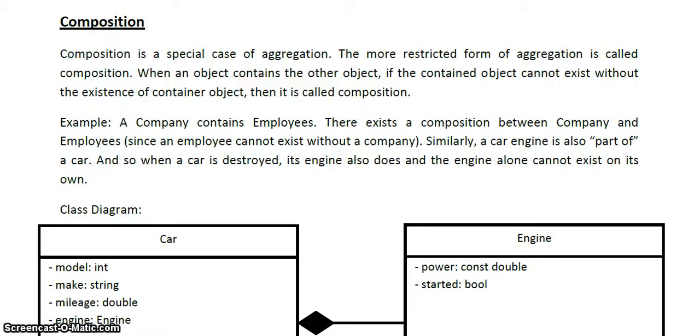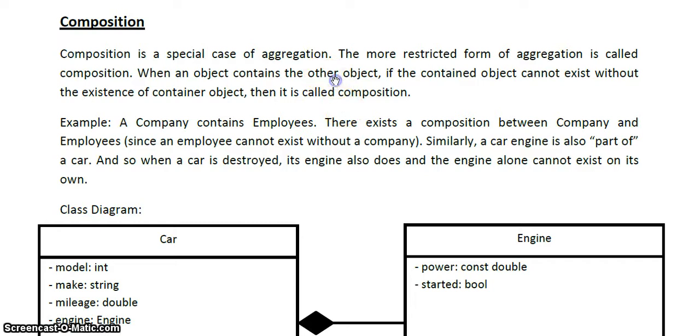For example, the life of the child objects depends on the lifetime of the parent objects. So let's read out the definition first. Composition is a special case of aggregation. It's similar to aggregation. In aggregation also we had this ownership relationship, but the lifetime was separate. In this case, the lifetime is dependent. The lifetime of the child objects is dependent on the lifetime of the parent objects. So this is another constraint which is being added in composition.